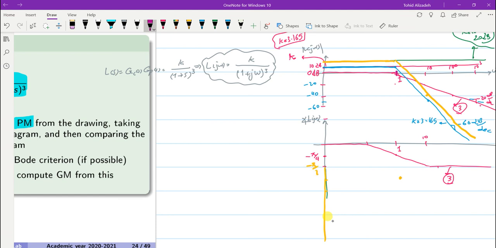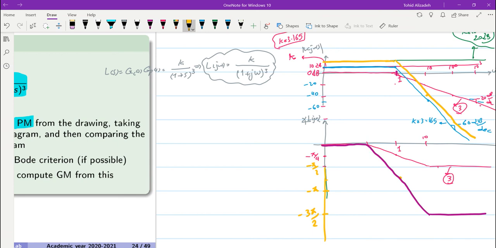So we have minus pi over 2, minus pi, minus 3 pi over 2. At omega equal to 10, we will have minus 3 pi over 2, and the asymptotic phase plot will be like this.